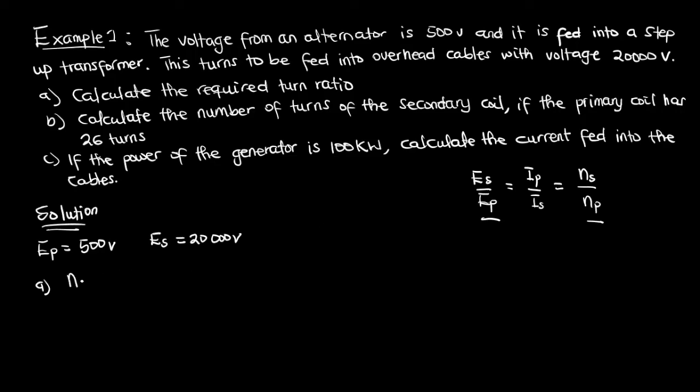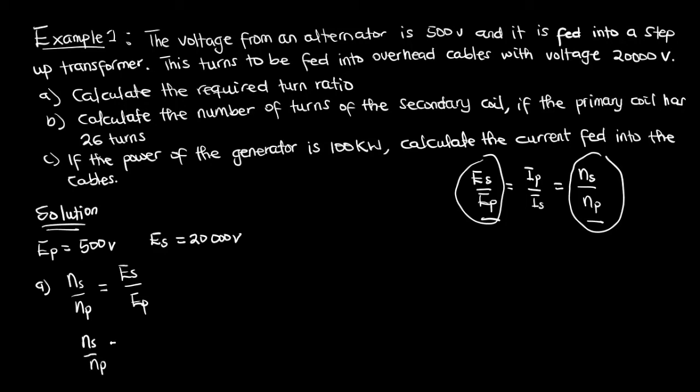So our turn ratio, NS over NP, will be equal to ES over EP. I'm just lifting it from here. So NS over NP is what we call the turn ratio, and that is what we are finding. NS over NP is equal to our ES, the secondary voltage, 20,000, divided by our primary voltage, which is 500.